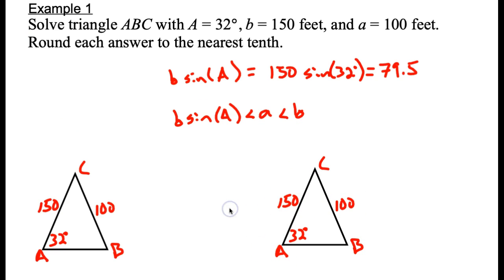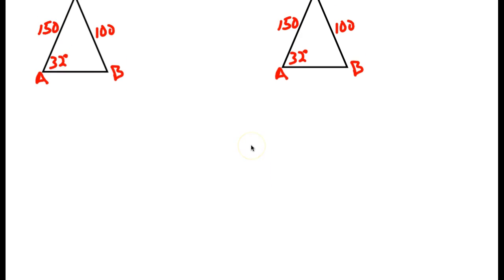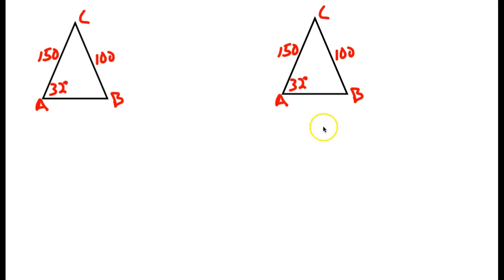We know we have two triangles, and they're each going to have this much information. One of them, angle B, is going to be acute. One of them, angle B, is going to be obtuse. But I'm still just going to draw them the same. Once we've determined how many triangles, we're just going to use the law of sines to solve.